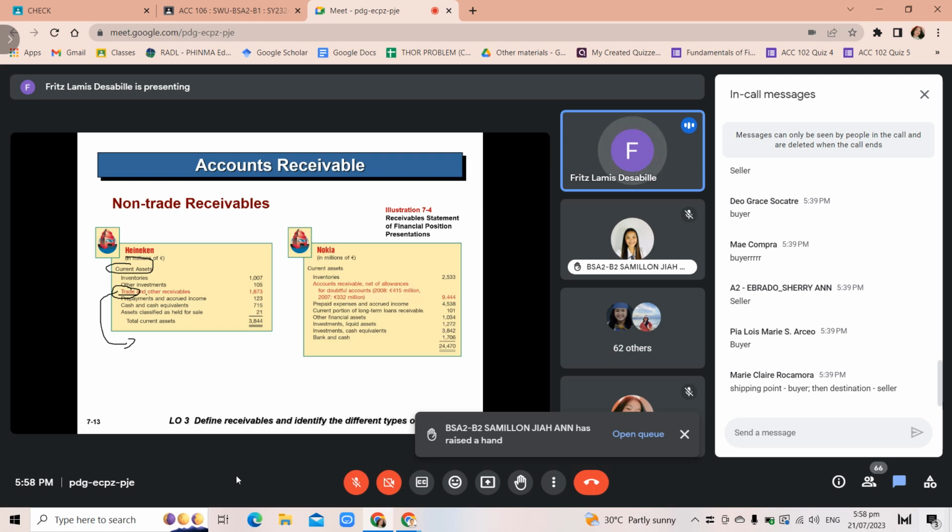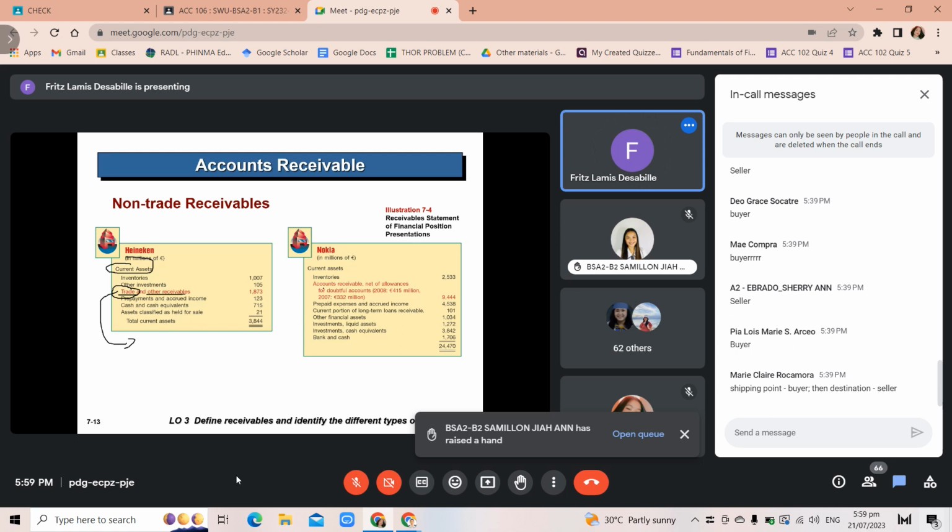Other receivables are non-trade receivables, and they are presented as current if they are collectible within 1 year only. The length of the operating cycle doesn't matter, because for non-trade receivables, you disregard the operating cycle. Okay, accounts receivable net of allowances.